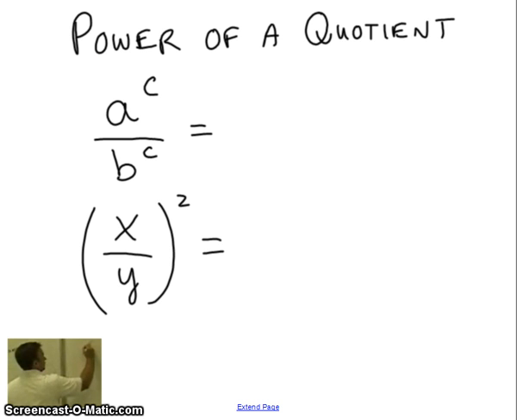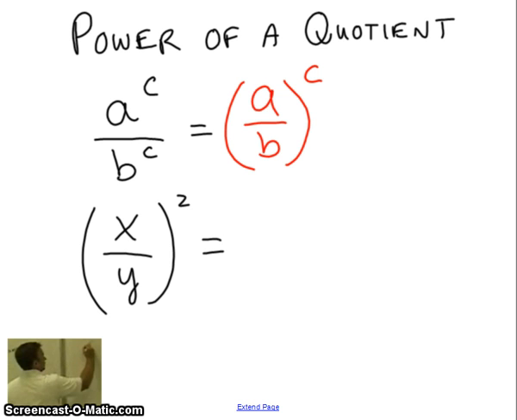The last property we're going to learn about in this section is the power of a quotient. When we're dividing, a quotient has a certain power. What that says is if we have a to the same power as b has, well, then that's just a over b to that power.